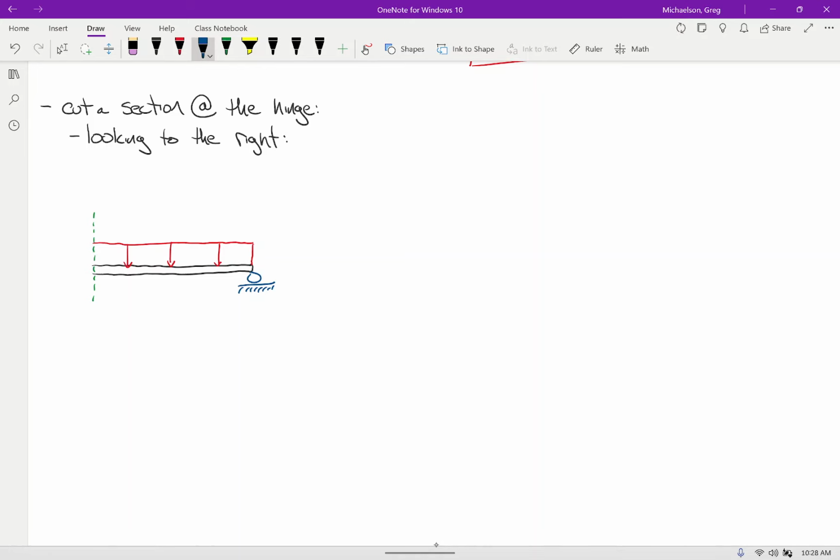Okay, let's start adding some values, some data. This is 1.2 kips per foot. I have a reaction here, which I assumed upward. We'll call that CY, just like we did before. Remind me, what is this distance right here? 15 foot.